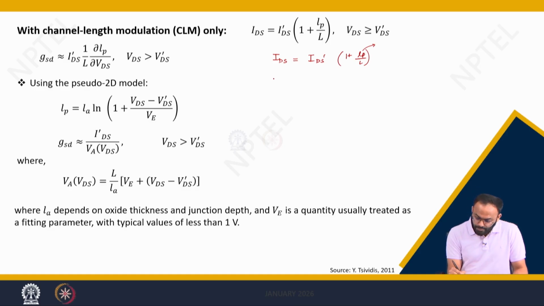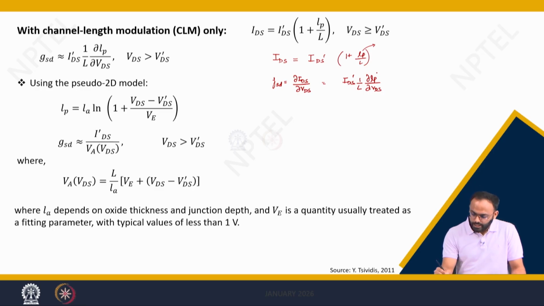Now, if I am interested in GSD, which is nothing but delta IDS divided by delta VDS, then I can simply take this as constant and this will become delta LP divided by delta VDS into 1 over L. Here LP is defined by this equation, considering the pseudo 2D model we have discussed already in the lecture on channel length modulation.